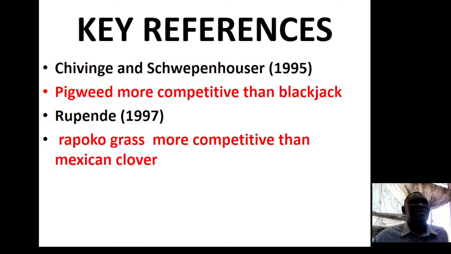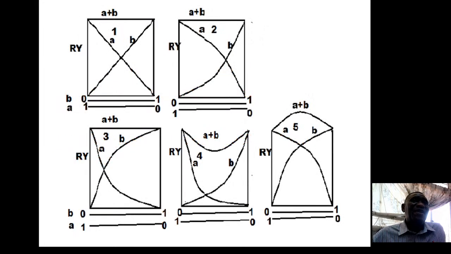Then Professor Chivinge also supervised Rupende in 1997, who worked on Rapoko grass, which was more competitive than Mexican clover. They were using these methodologies, replacement series diagrams.